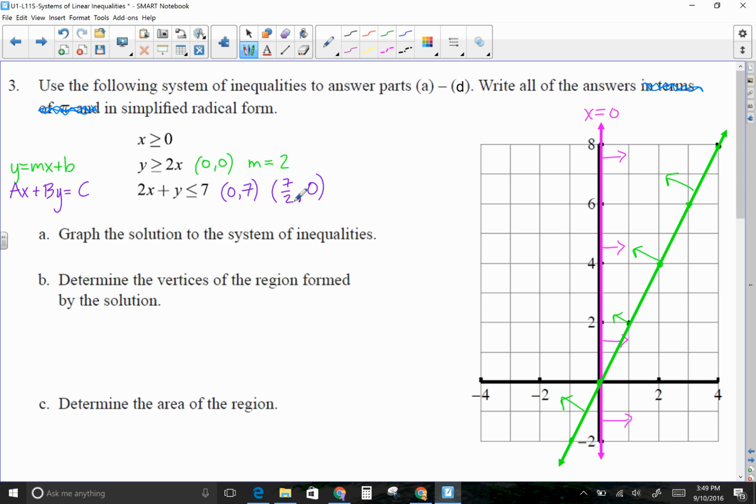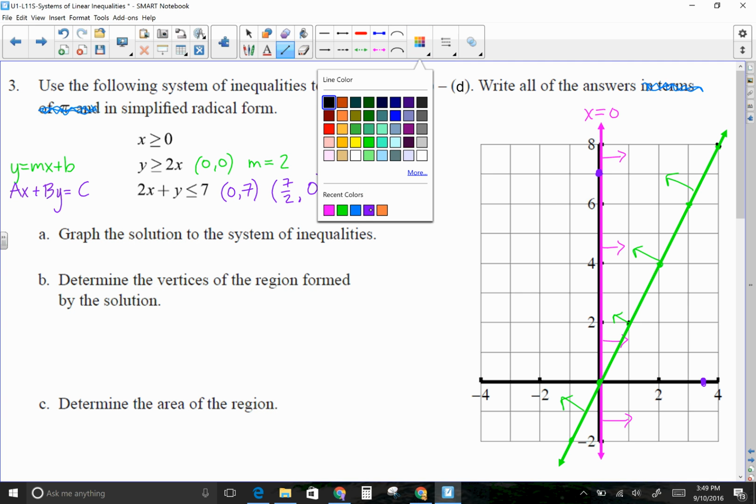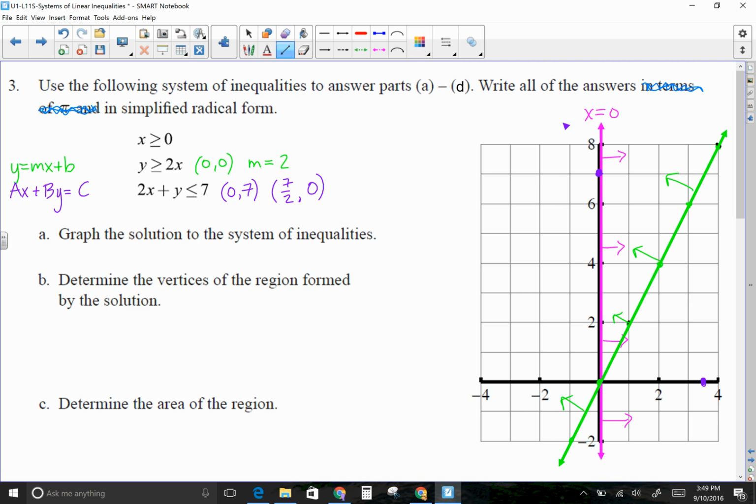So I'm going to go to 0, 7, which is right here. And I'm going to go to 3.5, 0, which is 7/2. And now I'm going to connect those two to draw our line. And it will look something like this. Oh, I messed up there. Let's go fix that.